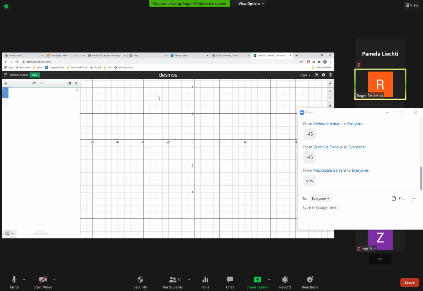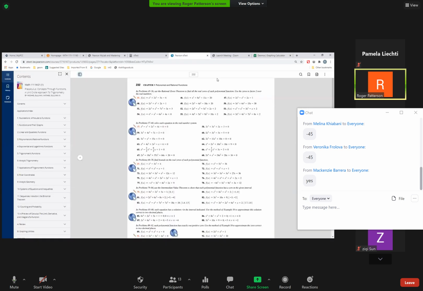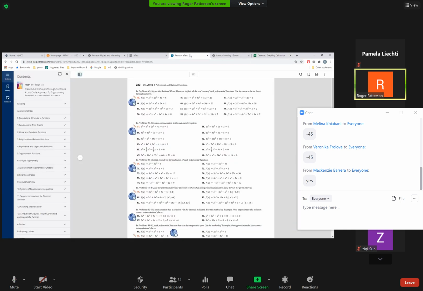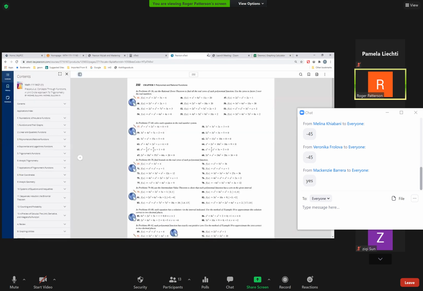I think you can still see what I'm doing. y equals x to the 4th minus 3x squared minus 4.